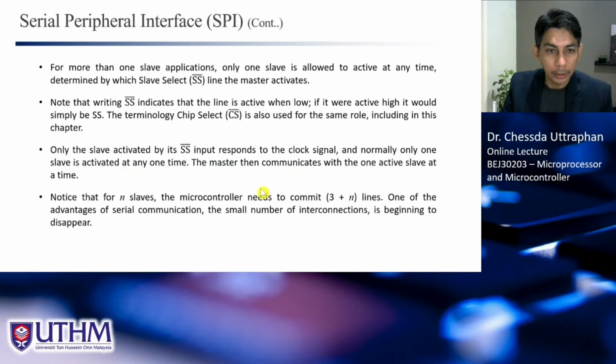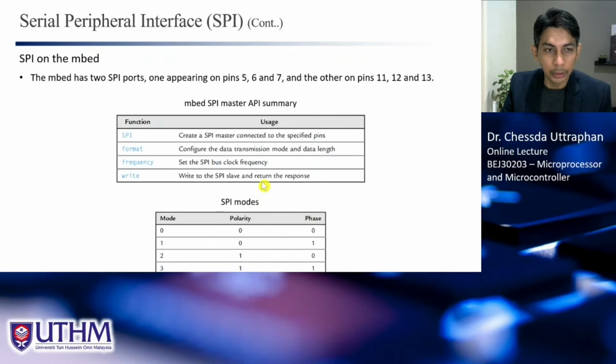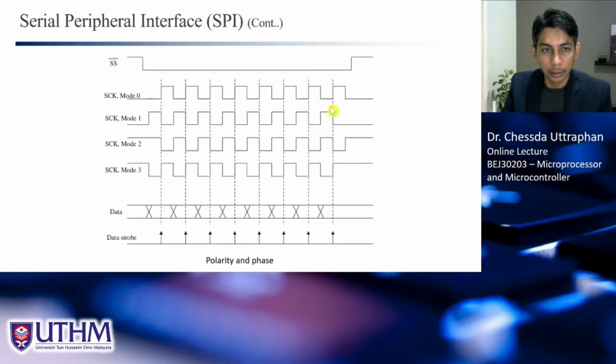So we have learned how to use the mbed API to use SPI communication in the mbed microcontroller, and we also have 4 operation modes for SPI in mbed, and this is actually universal.